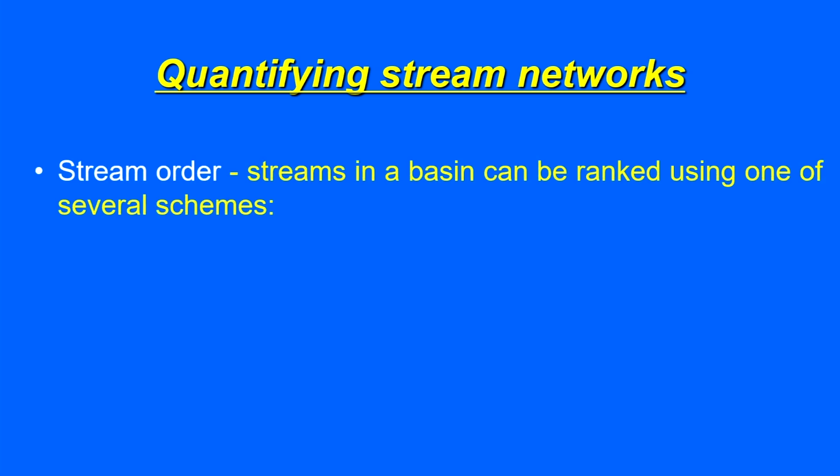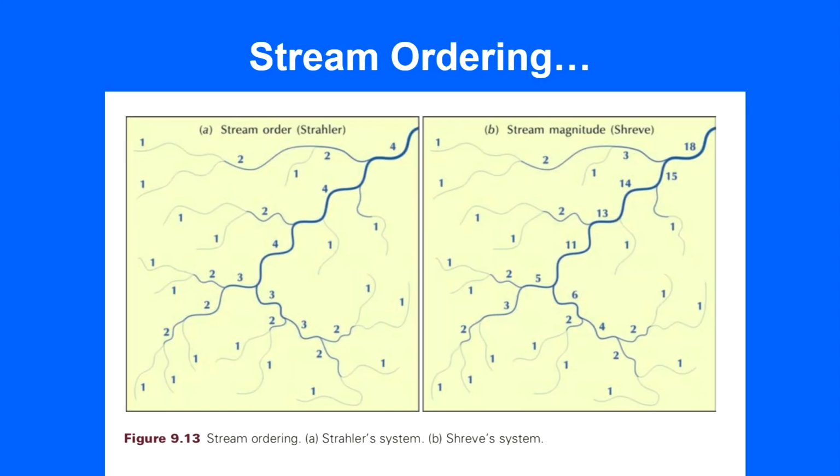Now, quantifying the stream network, basically the stream order in a basin can be ranked using one of the several schemes. So, we are having two, one is Strahler and another one is Shreve. So, mostly we try to use the Strahler one.